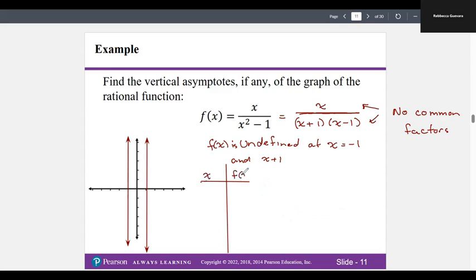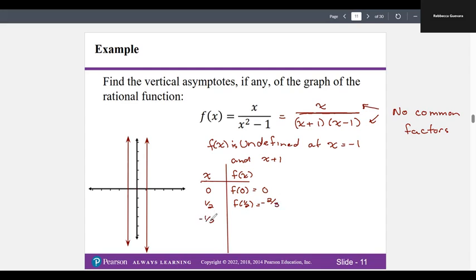x, f(x). So once again, if I put in 0, I should end up with f of 0, if we put that in our calculator. We got 0. If we have 1/2, f of 1/2 actually should have been negative 3/2. Oh, sorry, 2/3, not 3/2.